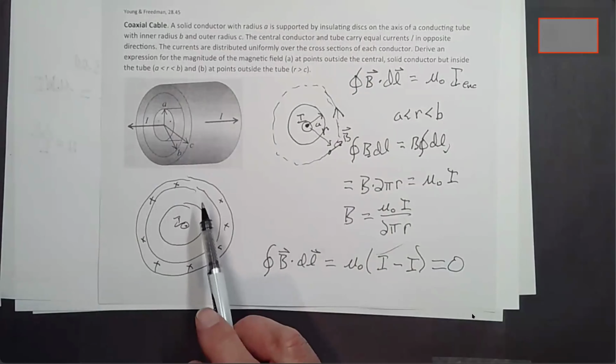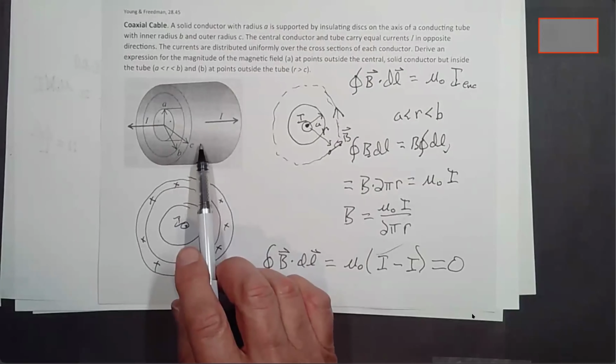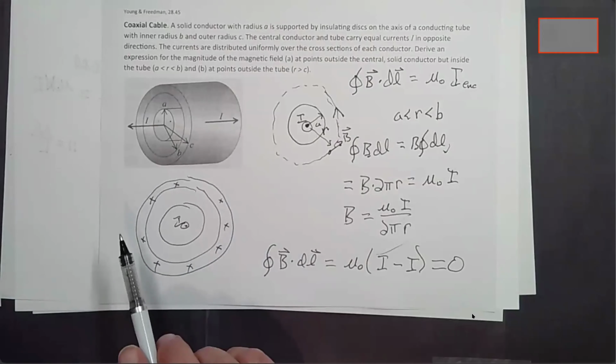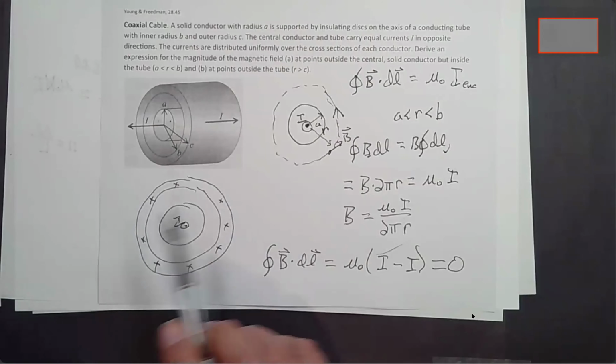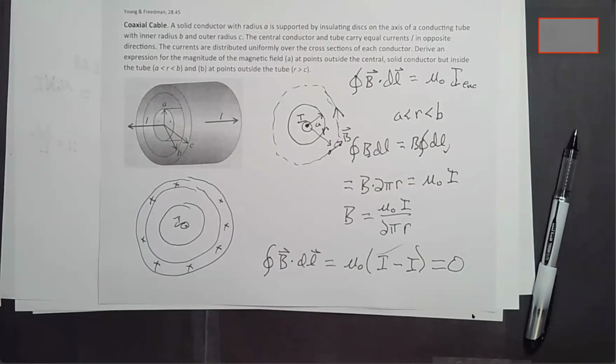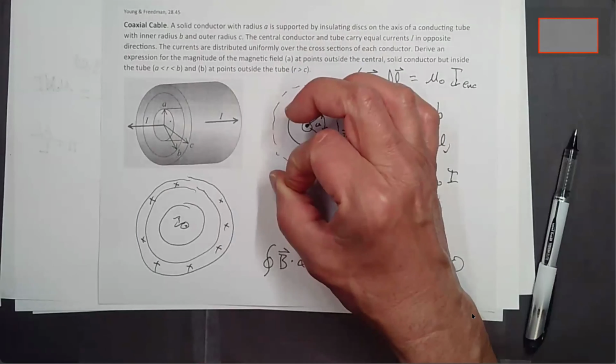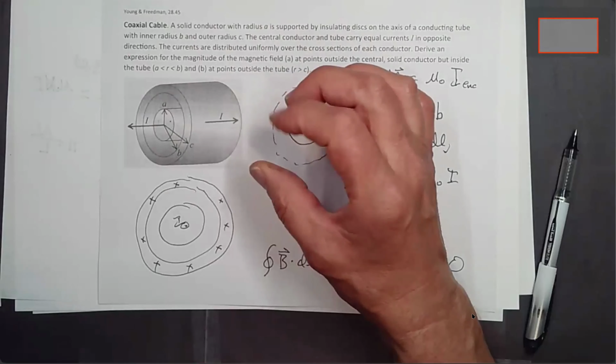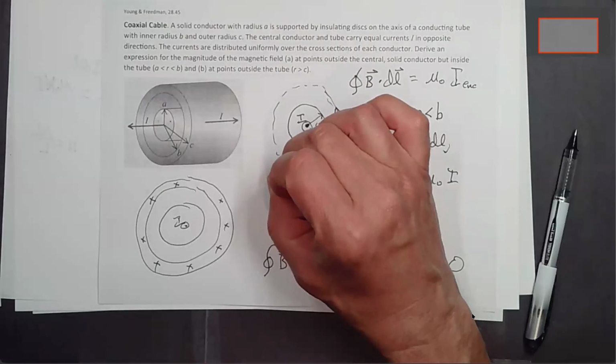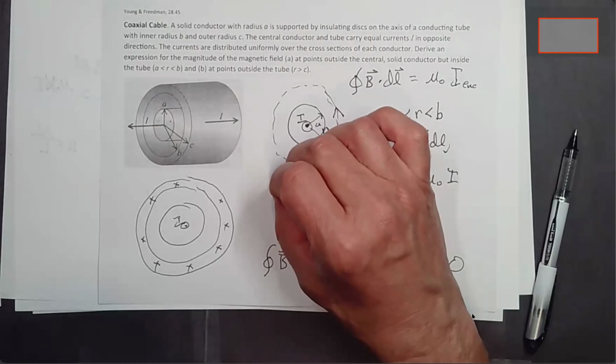This is a good feature of coaxial cables, that they don't have an exterior magnetic field, whereas if you have just a conducting wire, it'll produce a magnetic field in the space around it. Sometimes that's a good thing. There's a kind of ammeter you can get that you just hook around a current, and you can measure the current by the strength of the magnetic field it produces.